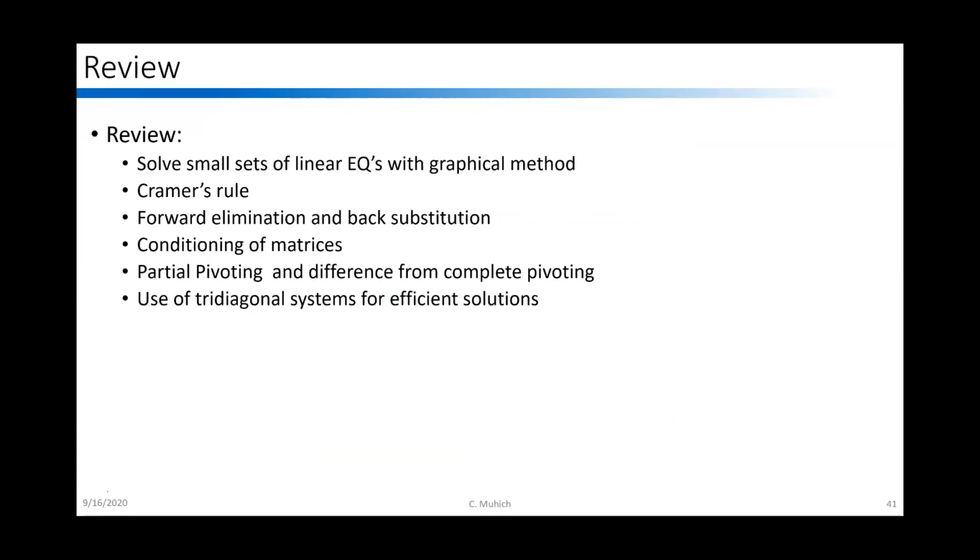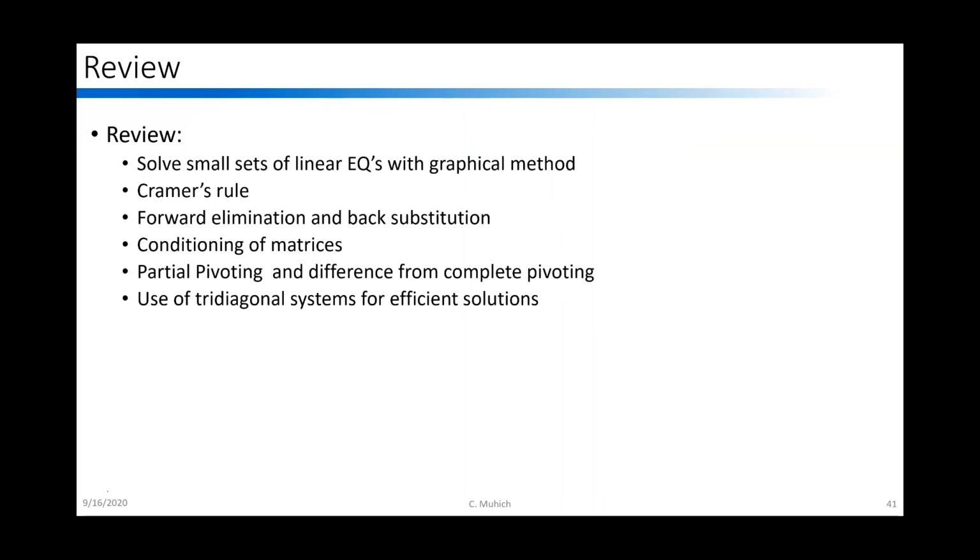With that, that's going to bring to close our coverage of Gaussian elimination and simple matrix equation solving techniques. Hopefully you now feel you're starting to get comfortable with Cramer's rule, forward elimination, back substitution.